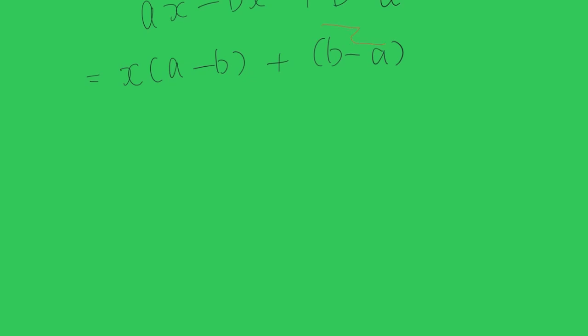So we call what you do with the bracket: you can just flip this one to become minus. What is inside, we'll just flip the sign, which means you got a minus b now. Once you do a minus b, you can take out this a minus b to be the factor. You got a minus b times x minus 1.